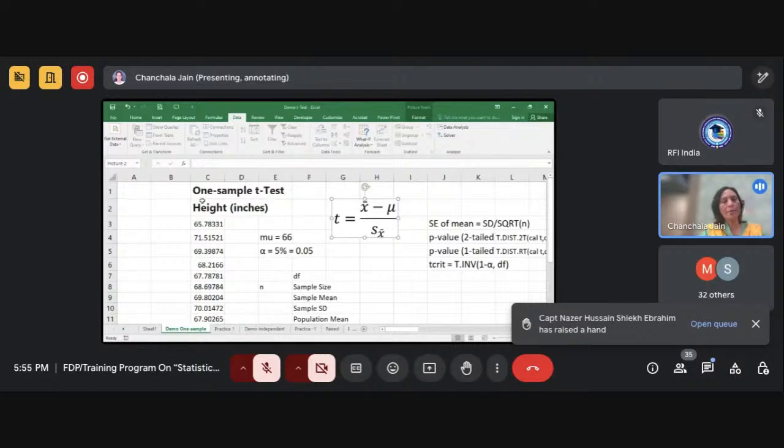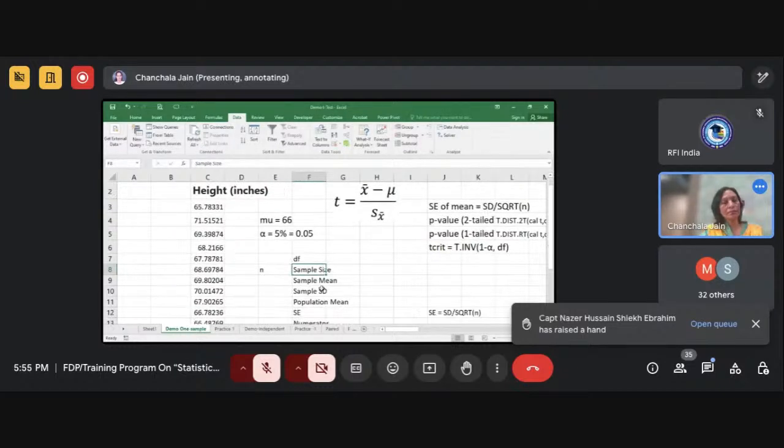In the case of one sample t-test, I have given you that formula: t equals x bar minus mu divided by s x bar. Here x bar is the sample mean, mu is the population mean, and s x bar is the standard error of the mean. So you need these 3 values if you want to get the t value. Is it clear, everyone? Yes, ma'am.